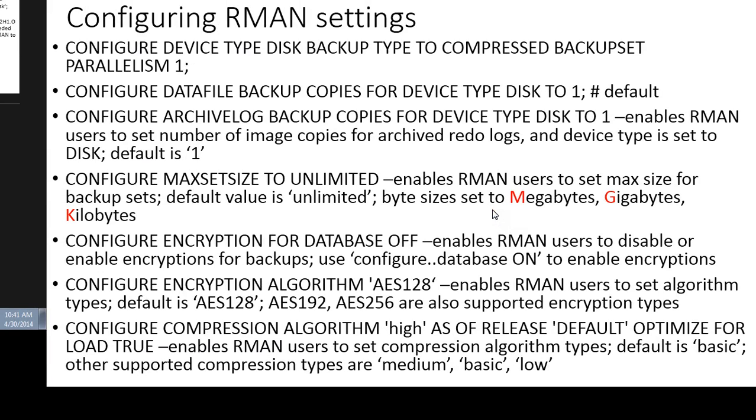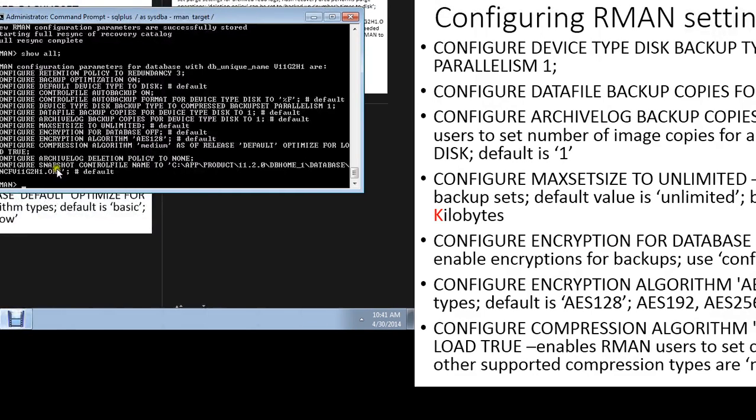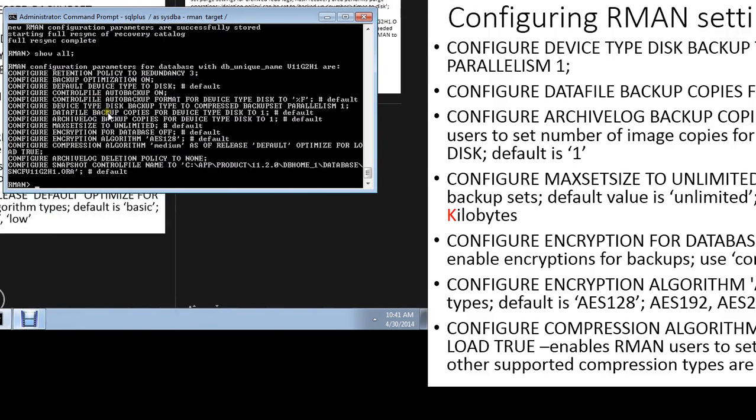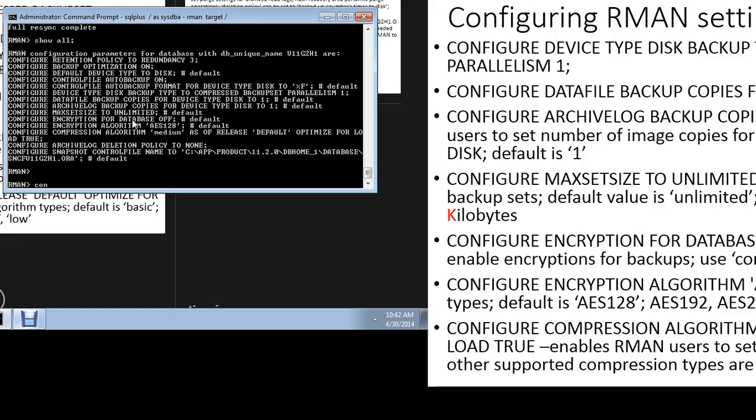And then next you have configure encryption for database off. This is where you would enable the encryption for your backup sets. If I want to turn this on, let's see, configure encryption for database on.